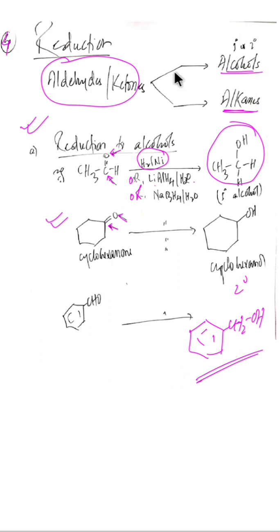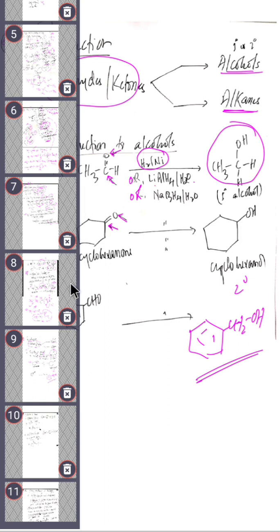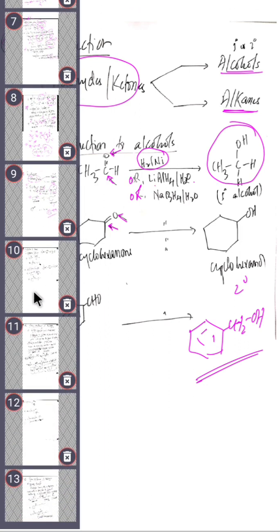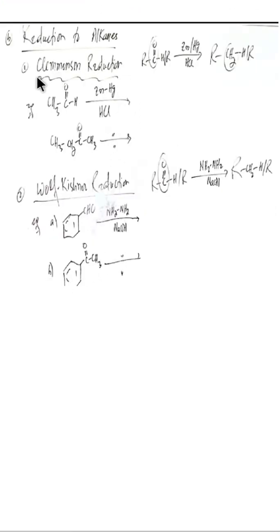Okay, next type of reduction is reduction to alkane, in which we will have two special reactions: Clemmensen reduction and Wolff-Kishner reduction. In Clemmensen reduction, any aldehyde or ketone is reacted with zinc amalgam, ZnHg, in presence of an acid, HCl.